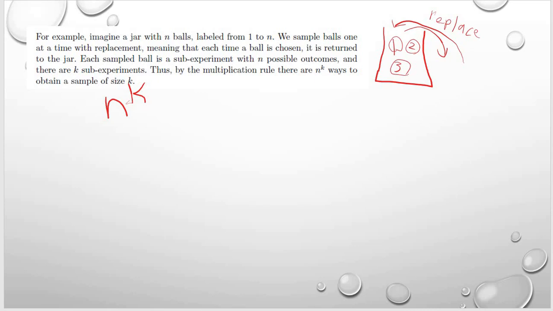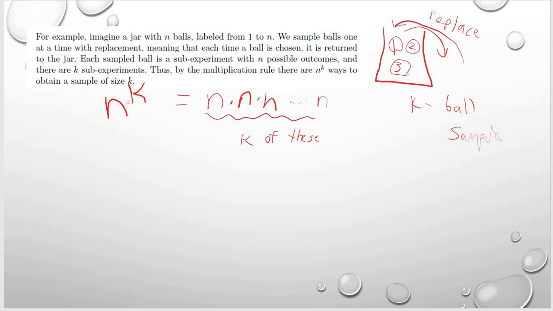Okay, and so that's how we get n to the kth power, because we have n possibilities, and then with the ball replaced, we have n possibilities, and we have n possibilities, and so on, until ultimately we have k of these. So we'll have a k ball sample. Now, what if we change the problem and we say no replacement?